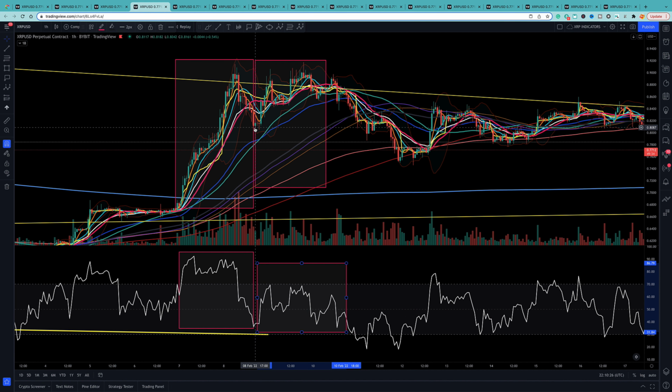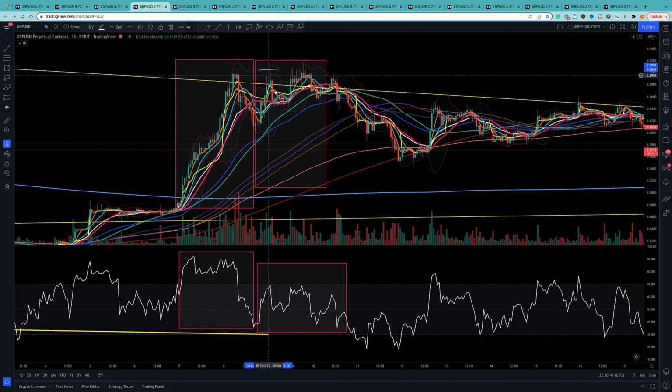So now price action comes down, RSI comes down, doesn't hit the oversold, but gets pretty close. It starts to come back up. There's the lift up. Drops back down again. Okay, fair enough.